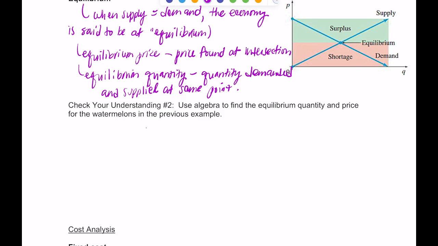What I'd like you to do now is pause the video and use algebra to find the equilibrium quantity and price for the watermelons in the previous example. And then you can unpause the video when you're ready to move on.